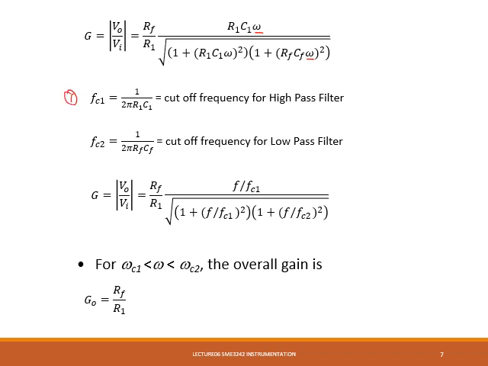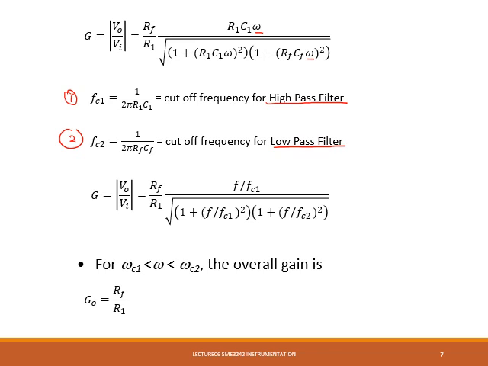The first one is FC1, which is 1 over 2 pi R1C1, which is actually the cutoff frequency for high pass filter. And the second cutoff frequency is 1 over 2 pi RF-CF. That is actually the cutoff frequency for low pass filter.